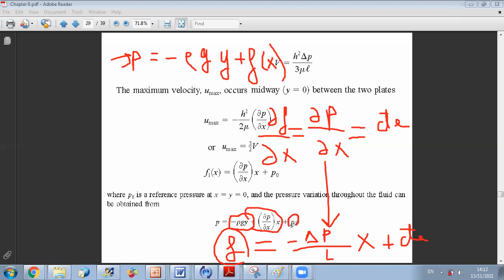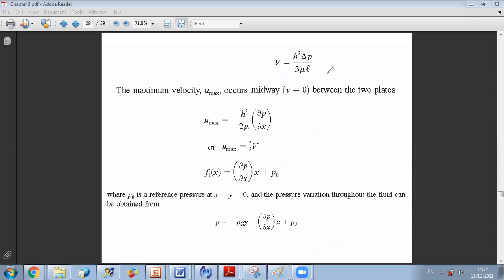How to get this constant? You need a boundary condition. So if they give you at X equals 0 and Y equals 0, the pressure is P0, then your constant should be equal to P0. And if you know the pressure at another location, you can get the value of your constant, and this constant will correspond to the pressure at x0, y0, because when x is 0 and y is 0, the pressure will be equal to P0.